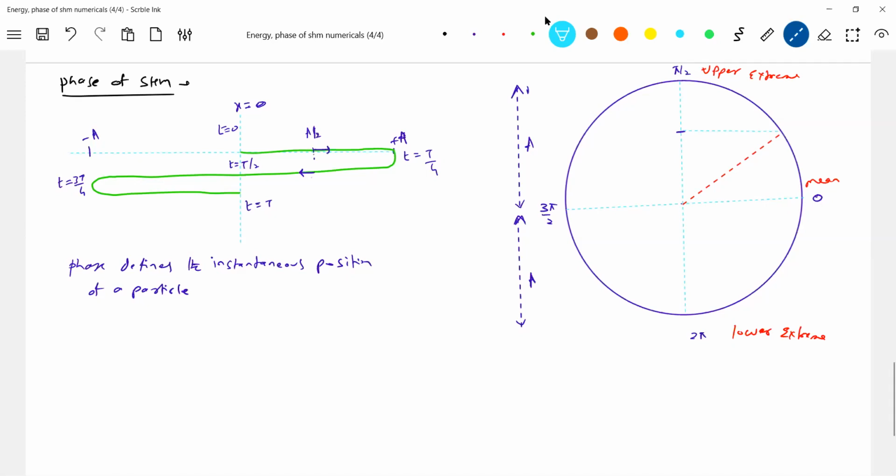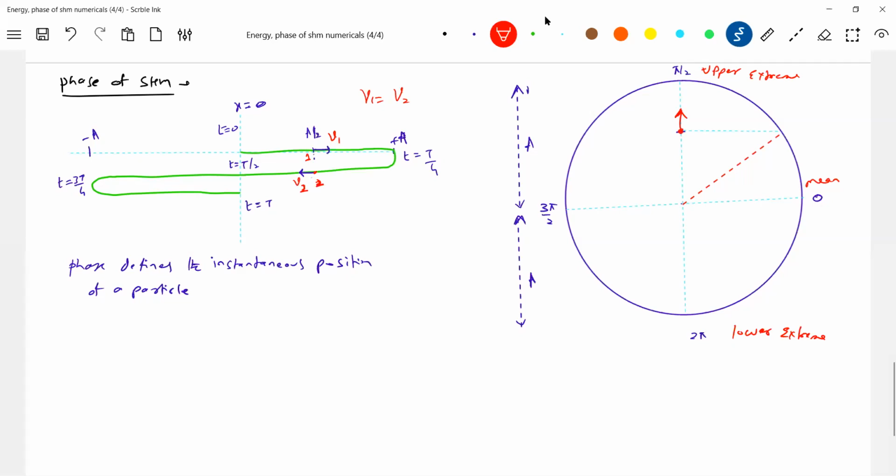Where the particle is here, it is moving away. I'll call this V1, this position as 1, and this as 2. I'm very sure that V1 equals V2. Do you agree? It will have the same speed at a by 2, but it's moving in the opposite direction.